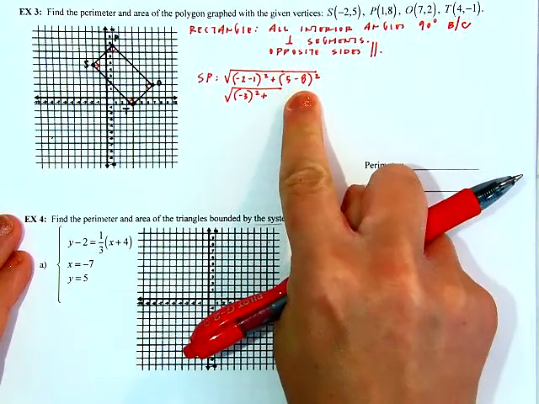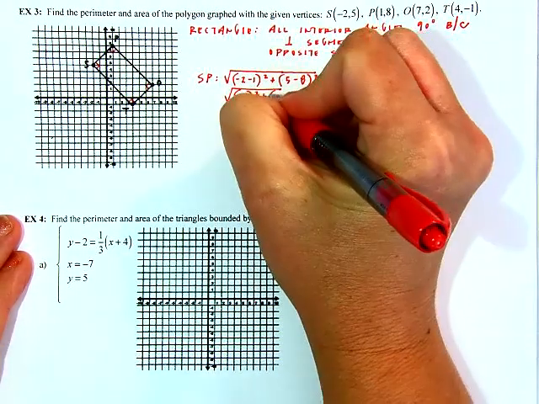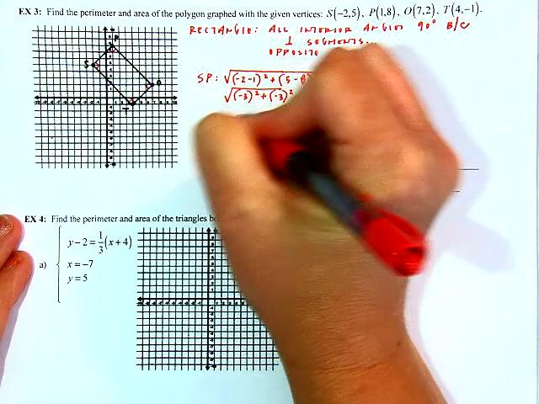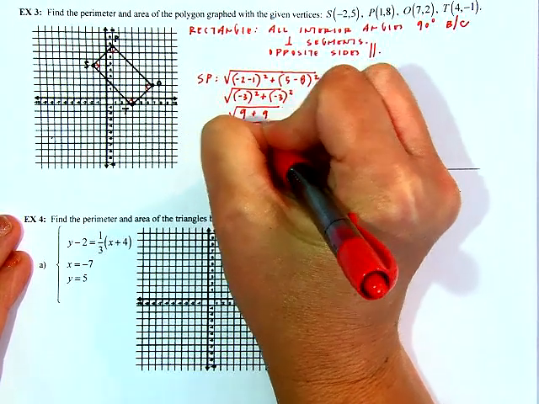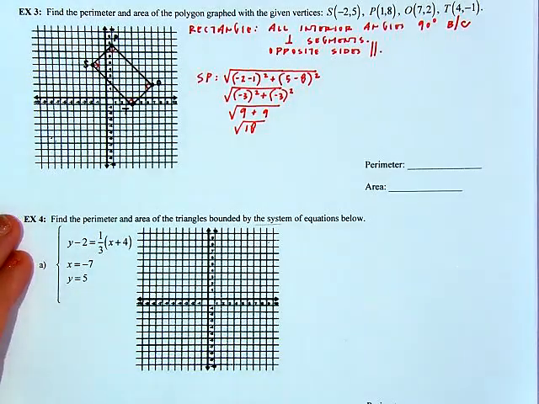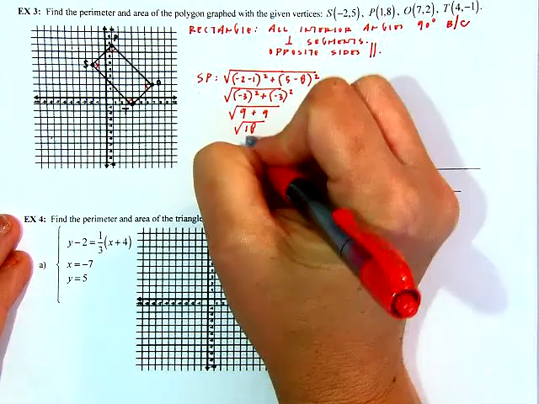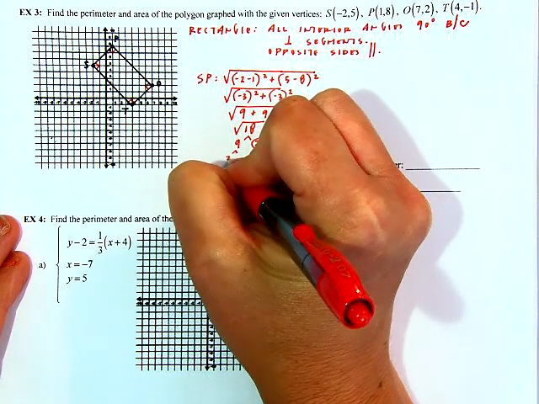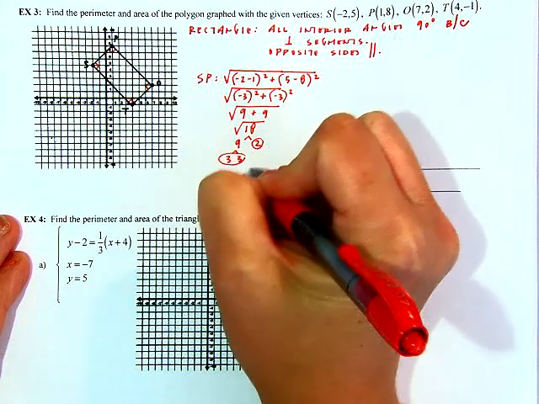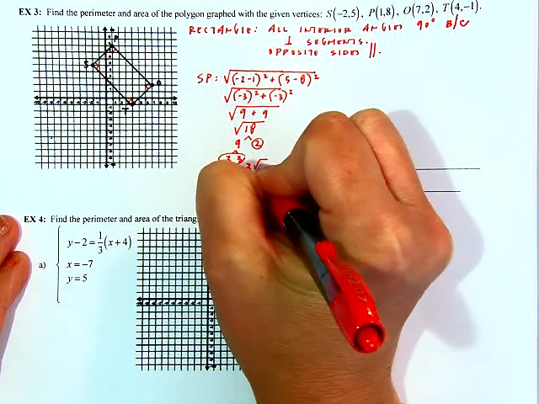And then 5 minus 8, also -3, -3 squared. So square root of 9 plus 9, which is 18. So I'm taking the square root of 18, so I have 9 times 2, and here a pair of 3's. So SP is 3 root 2.